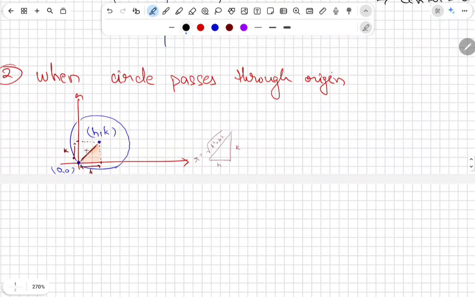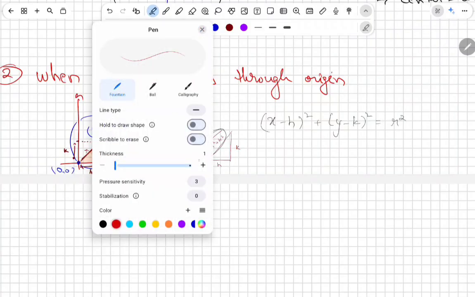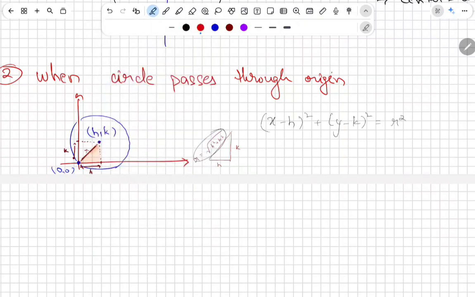Now we'll be using the equation (x minus h) whole square plus (y minus k) whole square equals radius square, and radius is this thing. So put this thing in r square, we'll get (x minus h) whole square plus (y minus k) whole square equals h square plus k square.